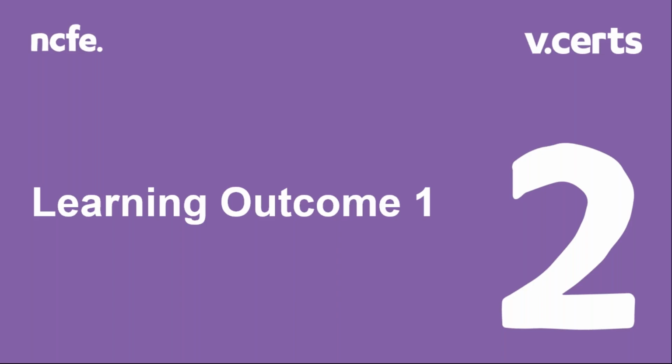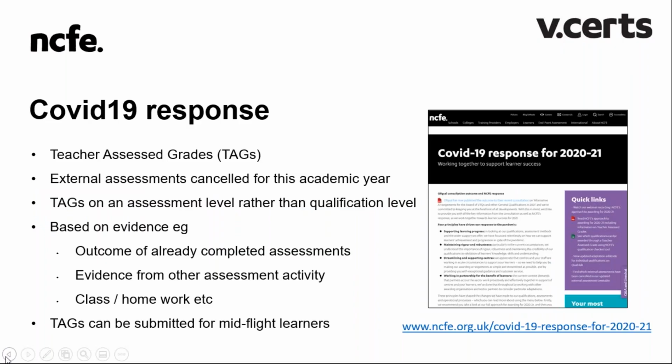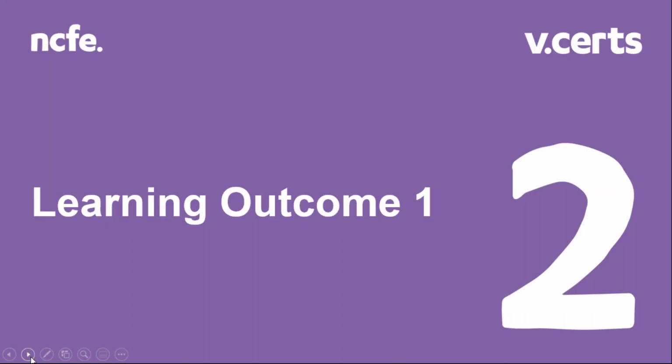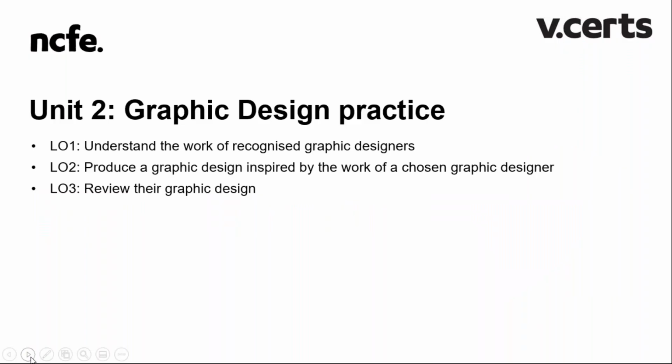So this afternoon, we're going to look at Unit 2, Graphic Design Practice. And this unit consists of 3 learning outcomes. I think I might have just skipped a slide ahead, so we can see the previous slide, the 3 learning outcomes. Yes, here we go.